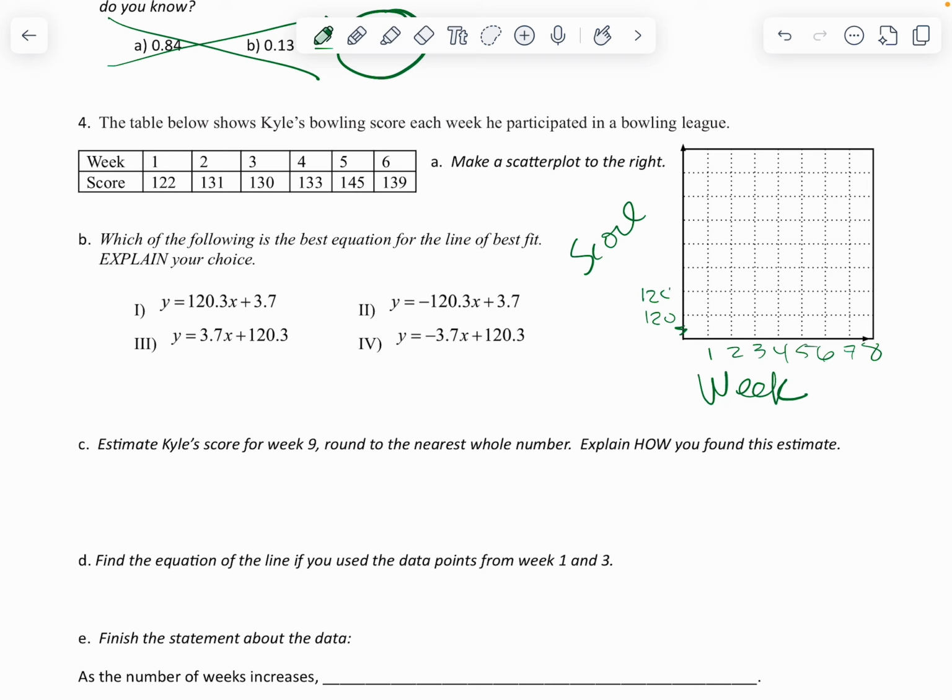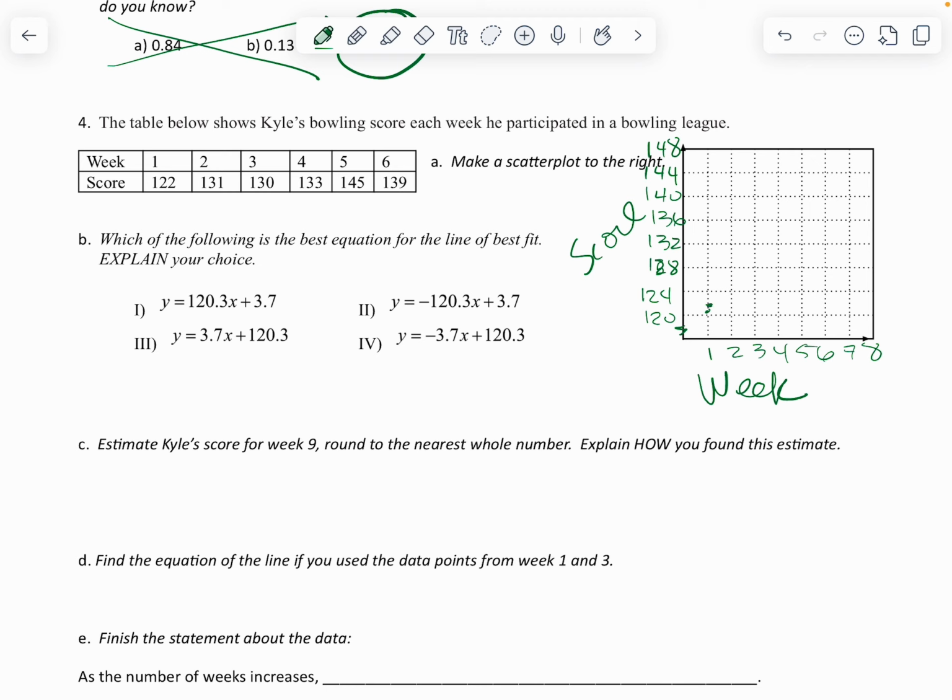So 124, 128, 132, 136, 140, 144, and 148.